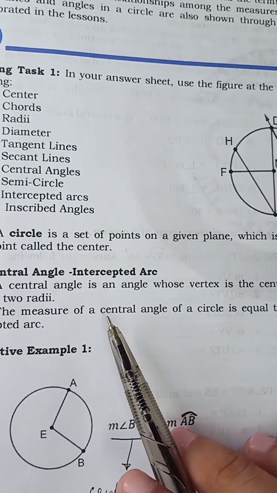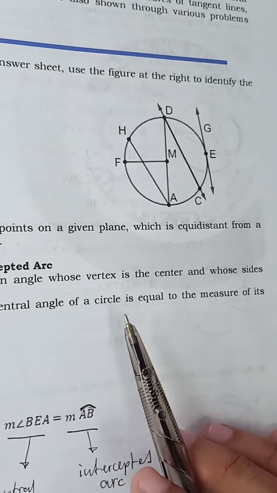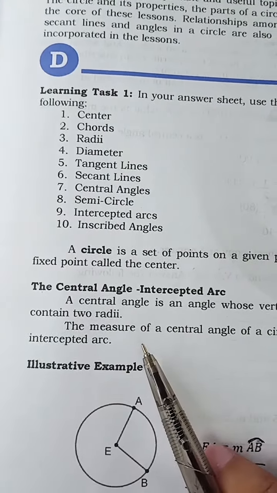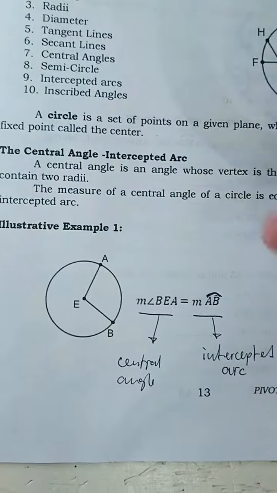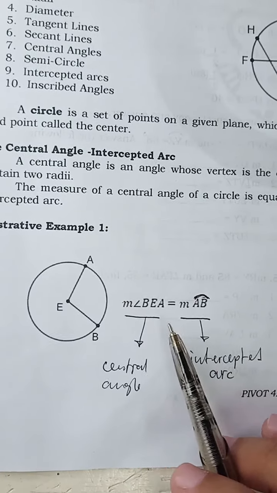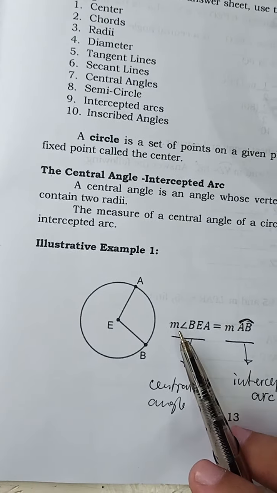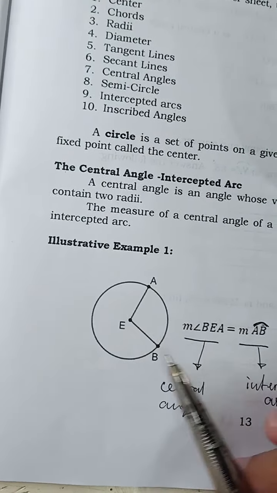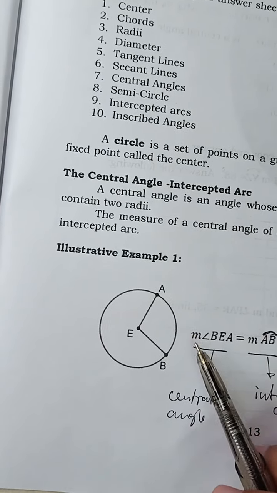And the measure of a central angle of a circle is equal to the measure of its intercepted arc. The most important thing here, class, is the equation.